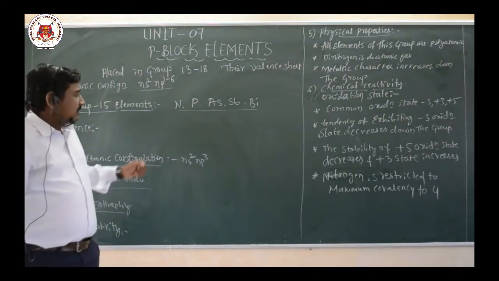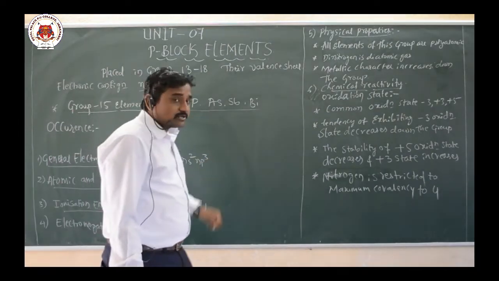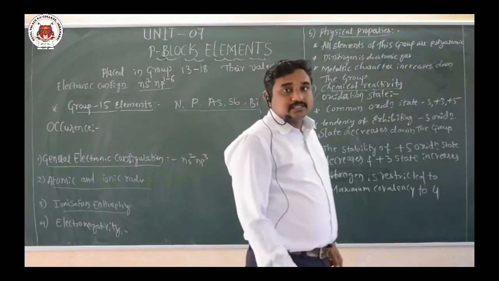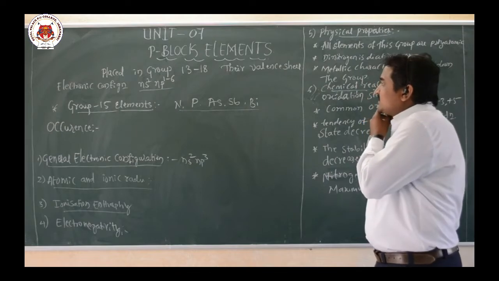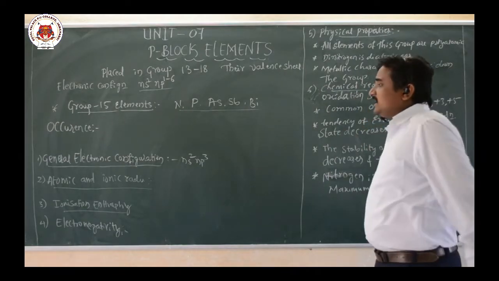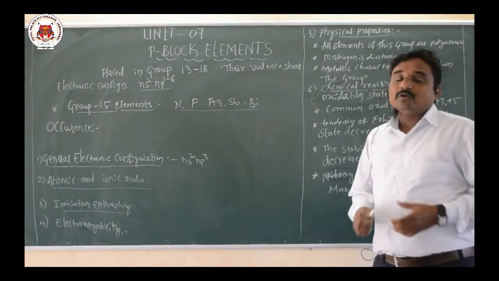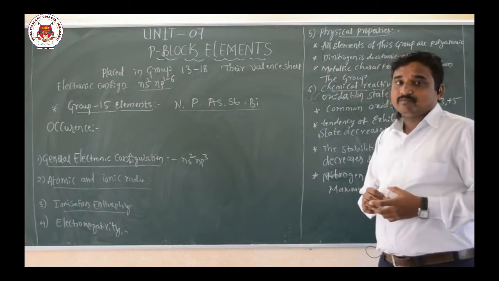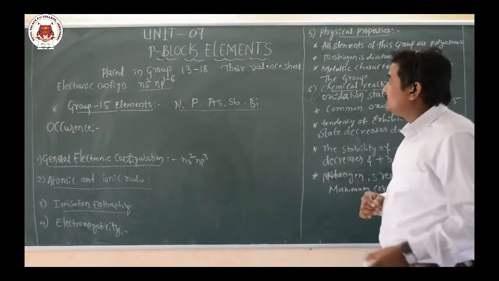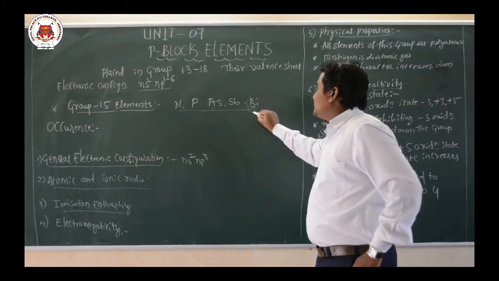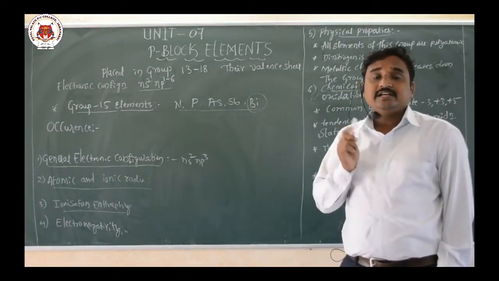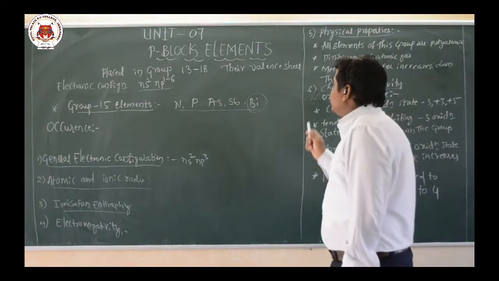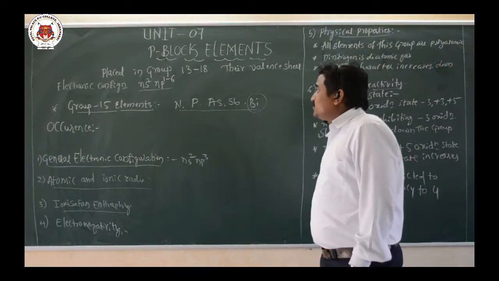Here nitrogen and phosphorus are non-metals, whereas arsenic and antimony are metalloids. Bismuth is the last element, and it is a typical metal.